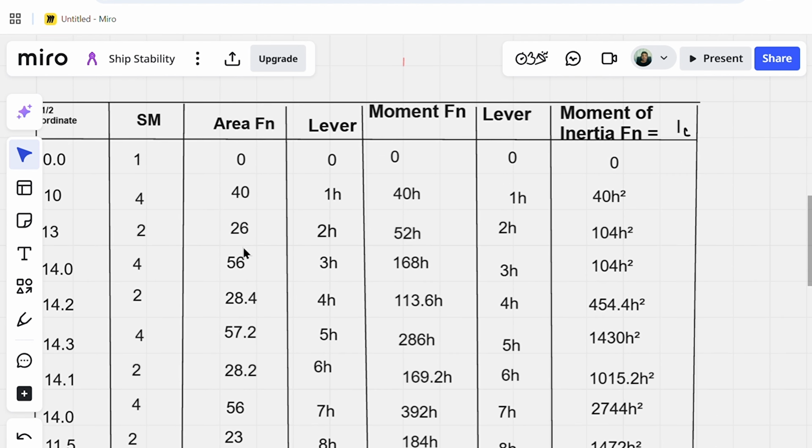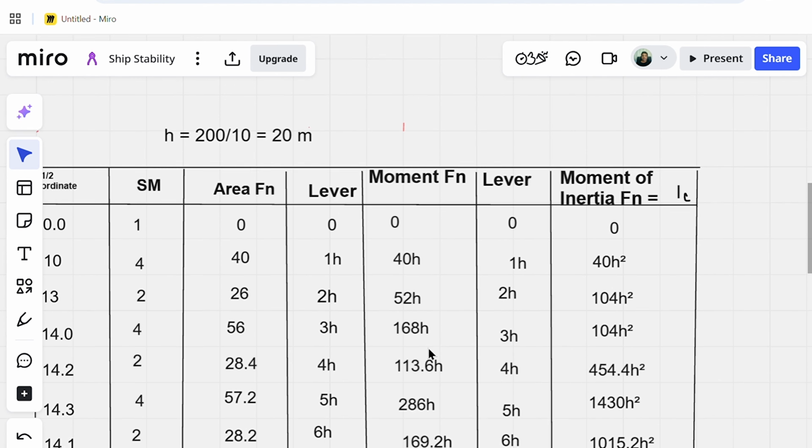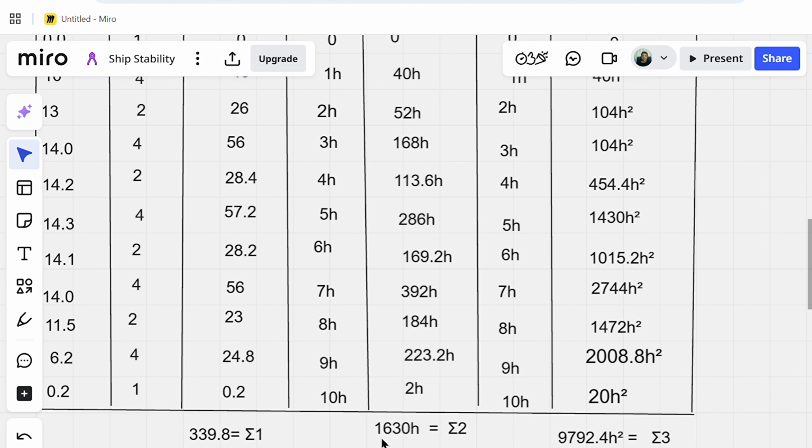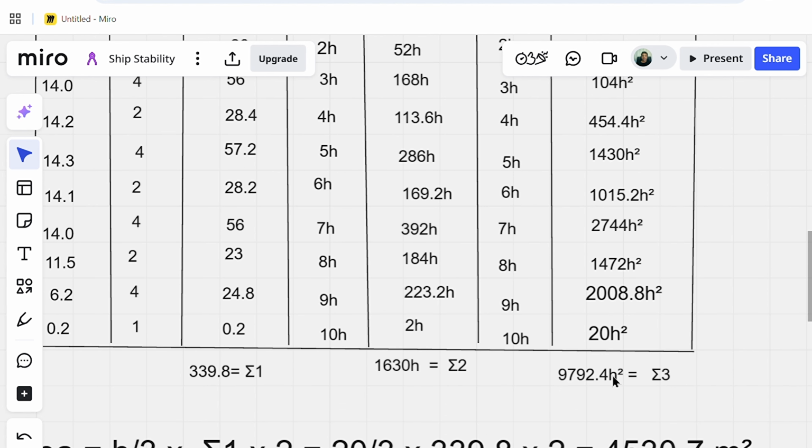The area function, we add all of them up and we get 339.8, which is summation 1. Then add all the moment function, the first moment of area. We get 1630h. This is summation 2. Now add up all the moment of inertia function and we have 9792.4 h squared. This is summation 3.